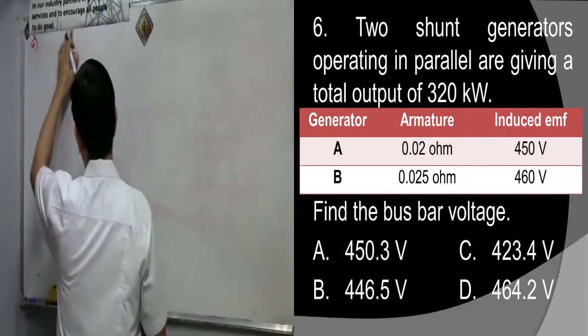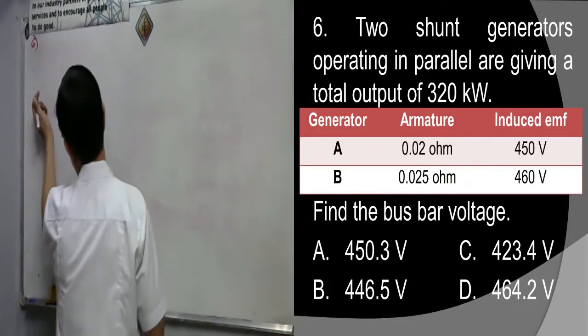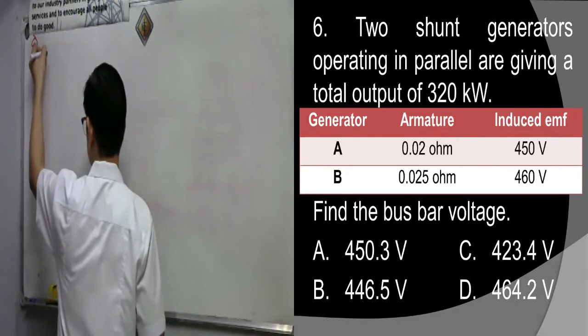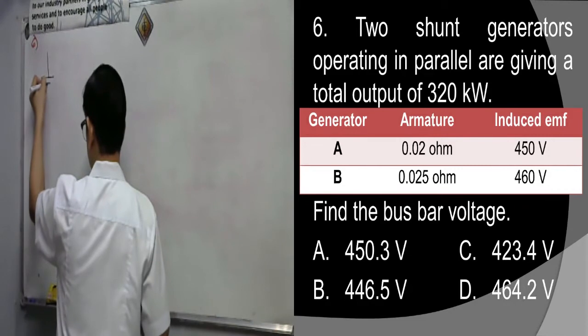I will draw first our circuit. We have two DC generators.